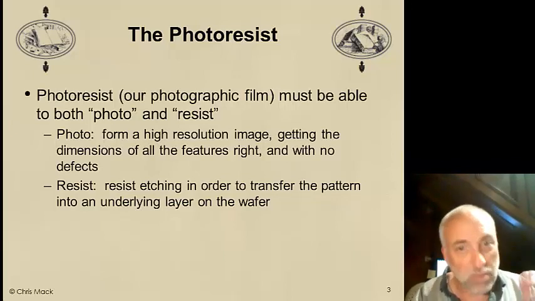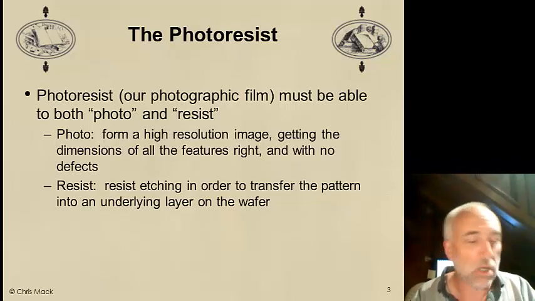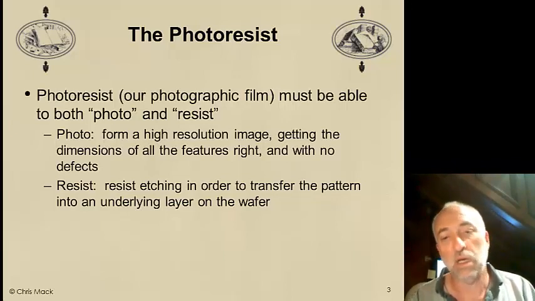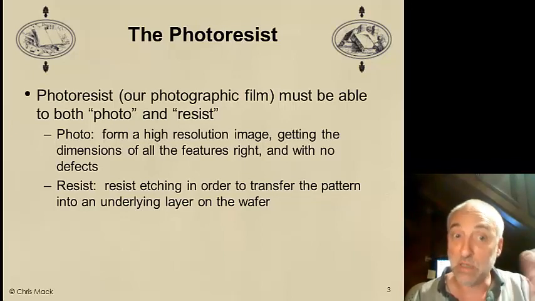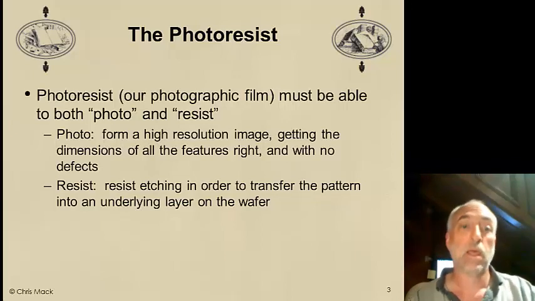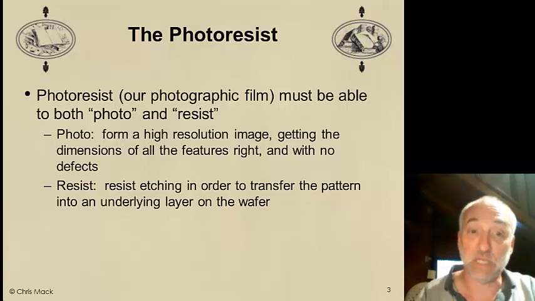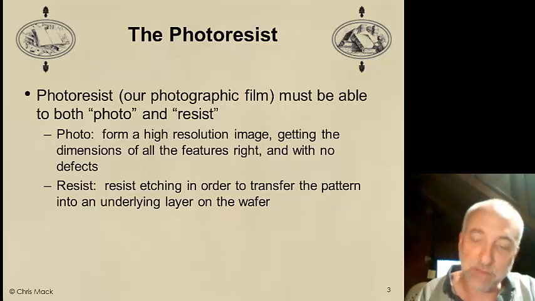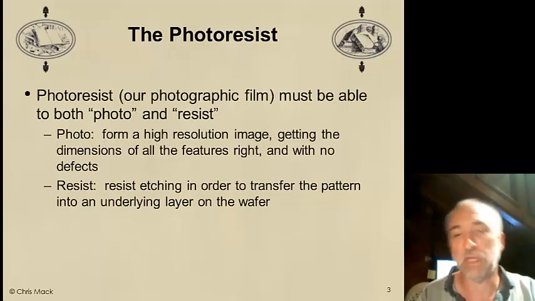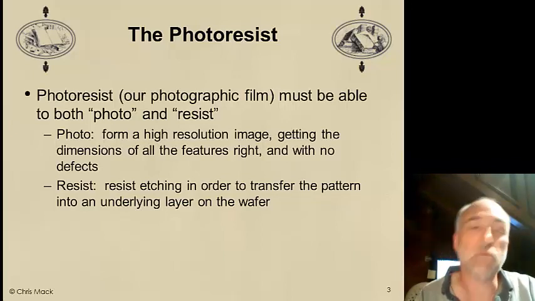We need to form the high resolution image faithfully, getting the right dimensions without defects and with enough pattern fidelity that we can say we've succeeded. But it also must resist. It must resist etching in order to transfer that pattern, and it must have stopping power to transfer the implant pattern into the underlying layers or wafer.